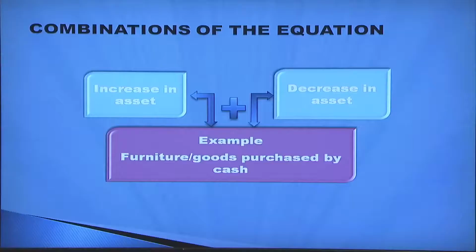Furniture purchased by cash or goods purchased by cash. How is it affecting the accounting equation? Furniture is increasing, so increase in asset. Purchased for cash, cash is going, so there is decrease in asset. Interest on capital.